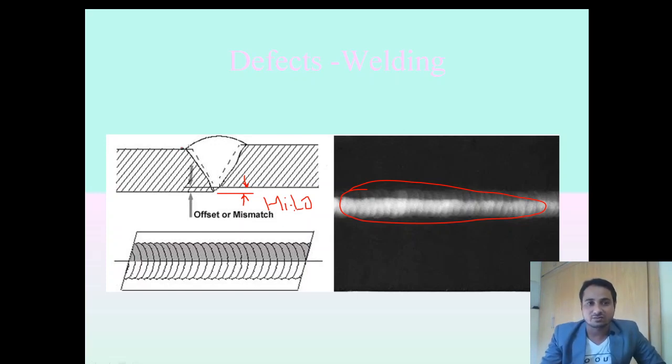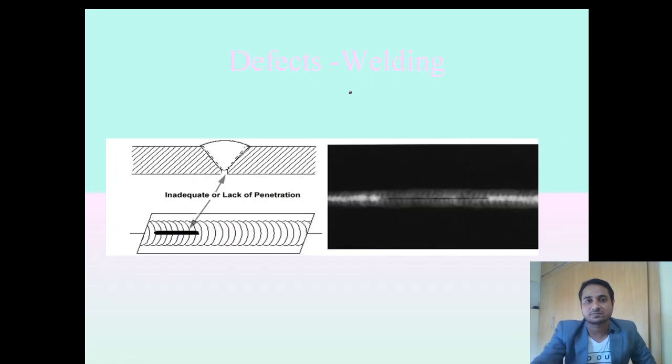Because in some portion the radiation has to travel less distance, and in some portion it has to travel more distance. Based on this travelling, some radiation will be absorbed, and that's why there will be a density difference and it will look like this. So this is the first, mismatch.